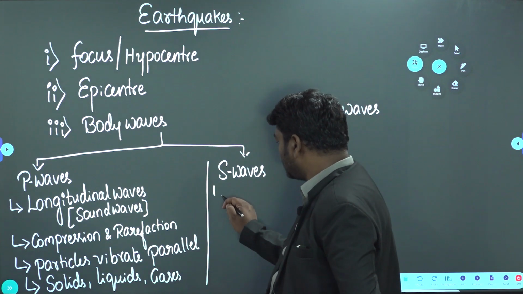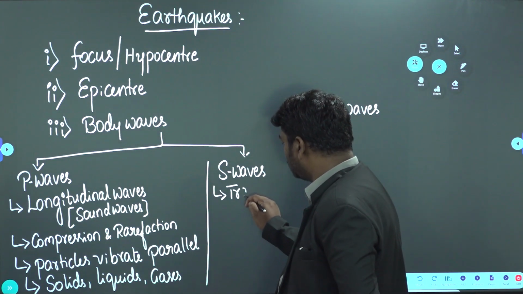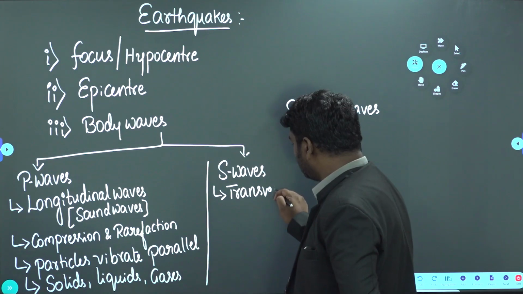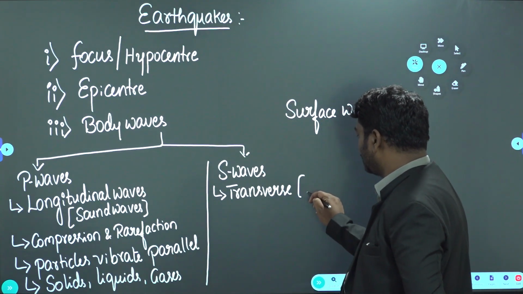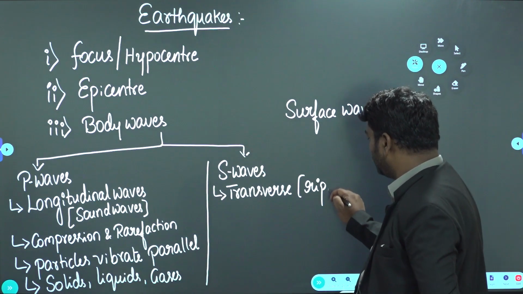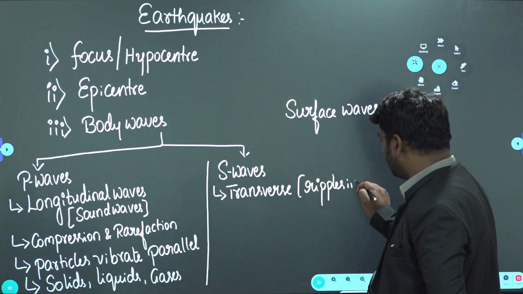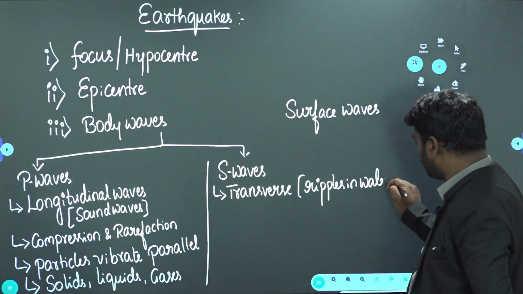S waves are similar to transverse waves. It is similar to ripples in water.